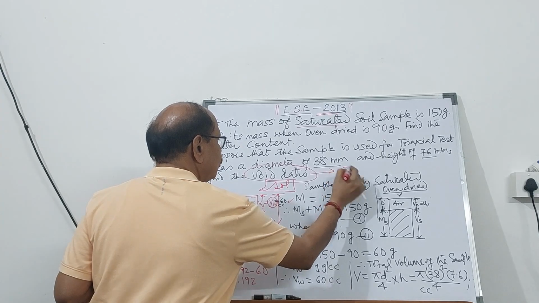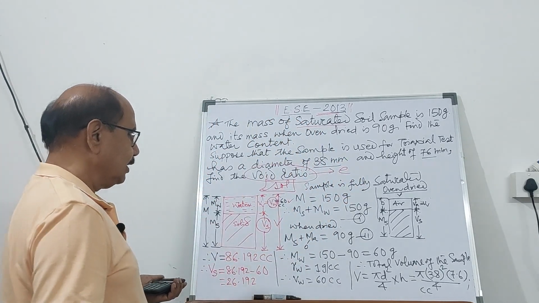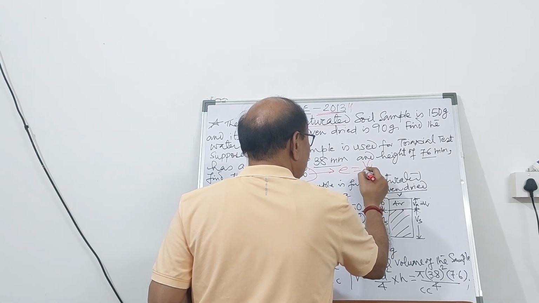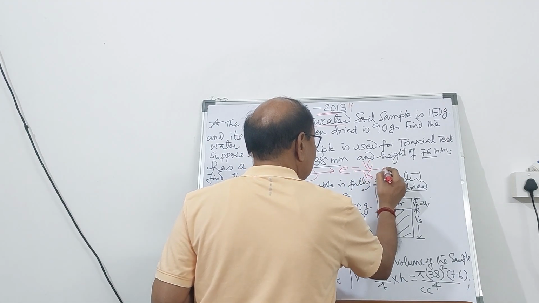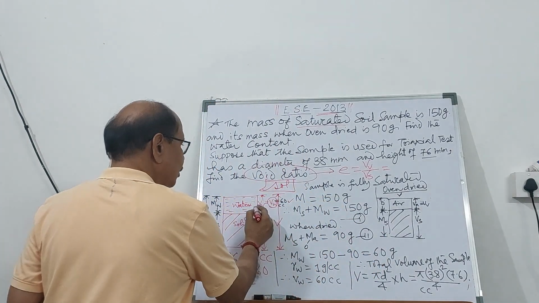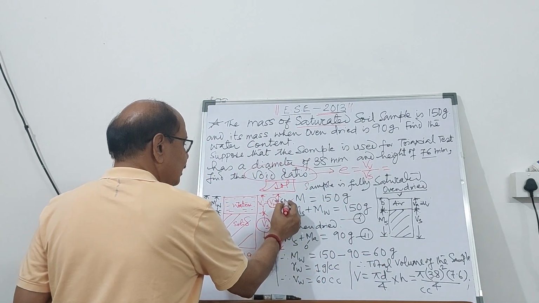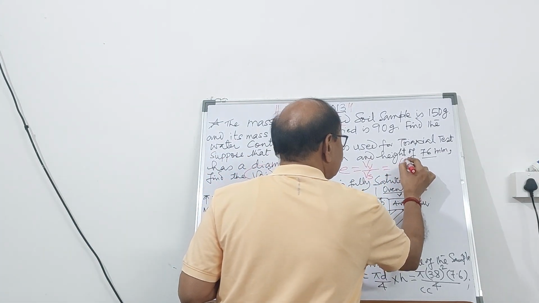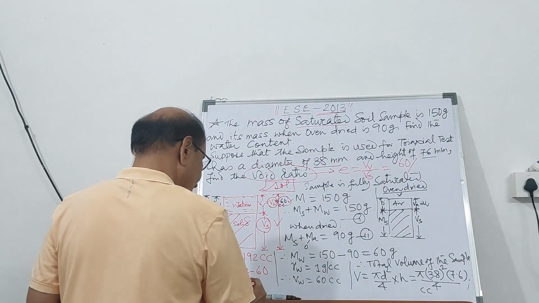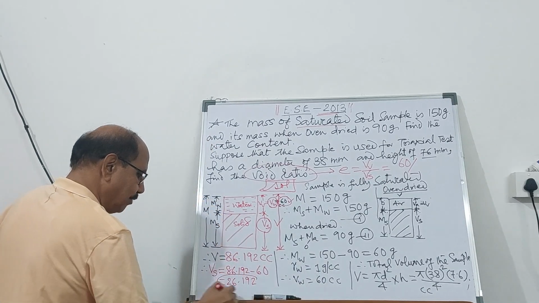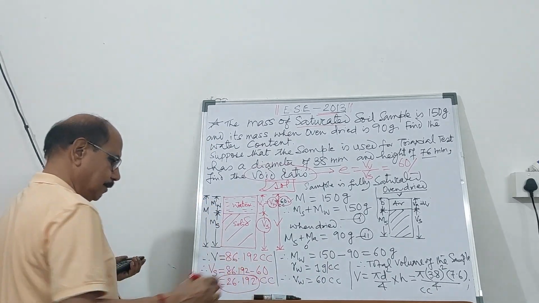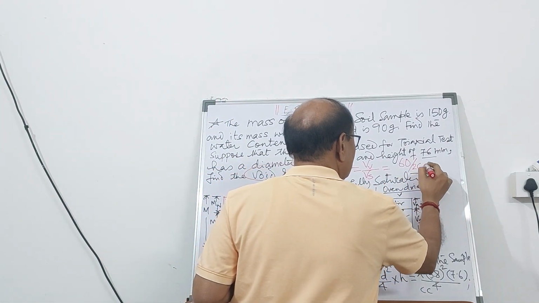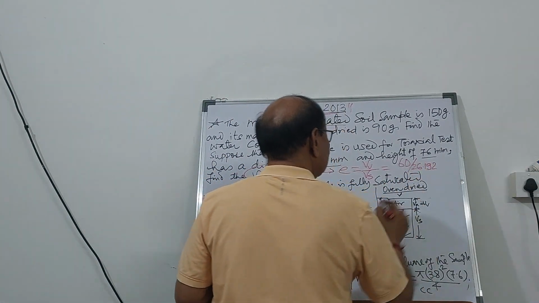Now what is to be found out is the void ratio. So you have to find out the void ratio e, and e equal to volume of void upon volume of soil solids. So what is the volume of void? It is the volume of water, and it is equal to 60 cc. So 60 cc divided by volume of soil solids, we have found out, 26.192 cc.